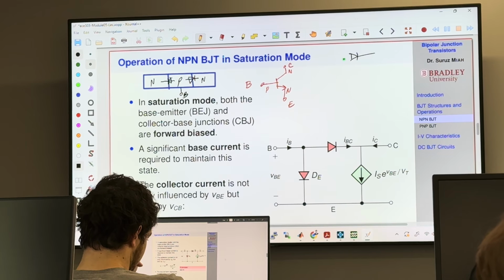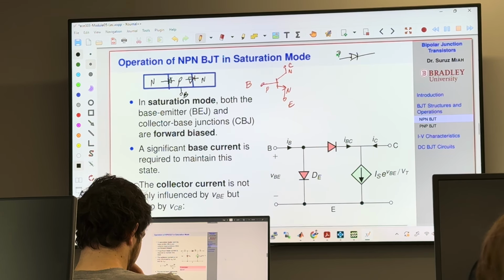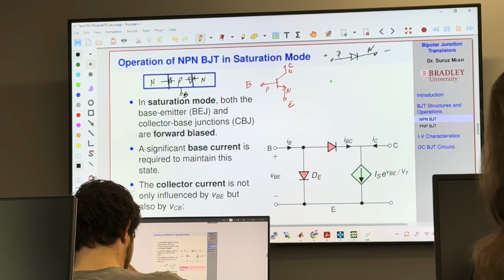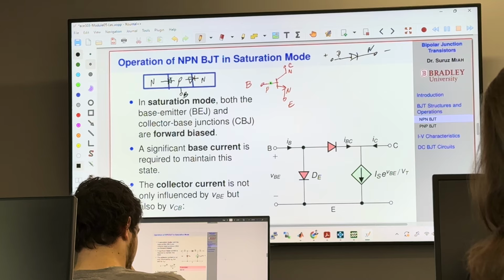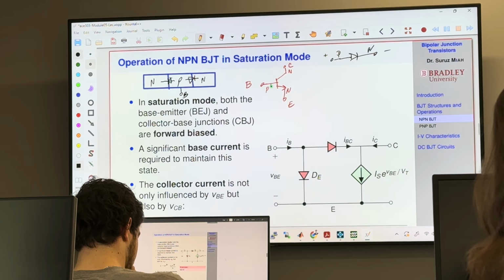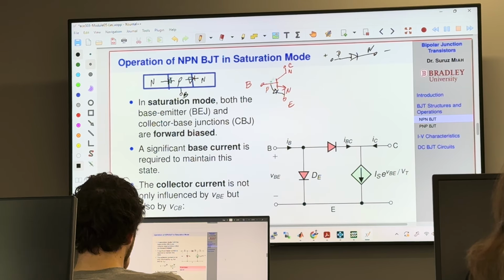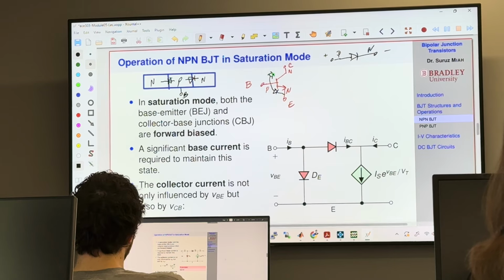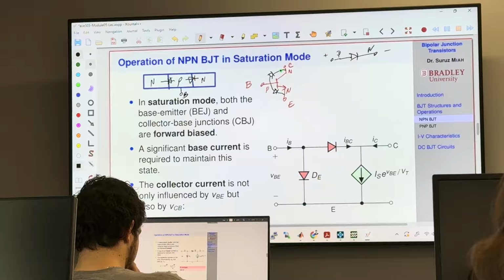So our diode symbol is like this. This is the P terminal, this is the N terminal, anode and cathode. So you can think of the base and emitter junction as a diode, and this PN junction as another diode. Okay? So that way it's easy to visualize that.